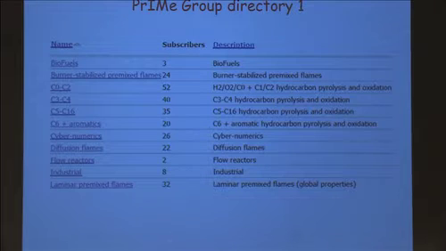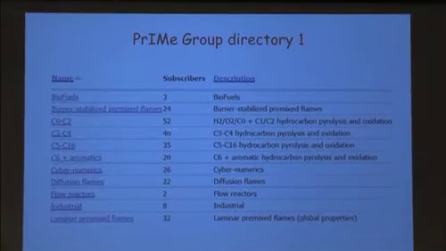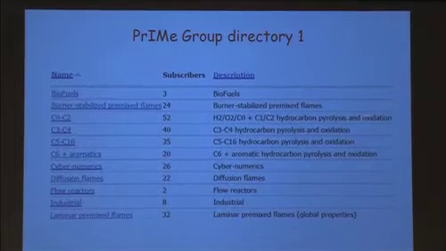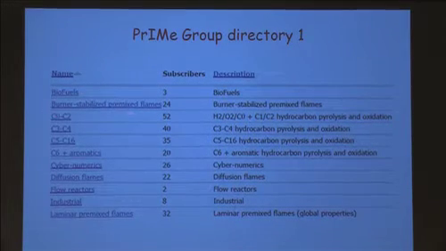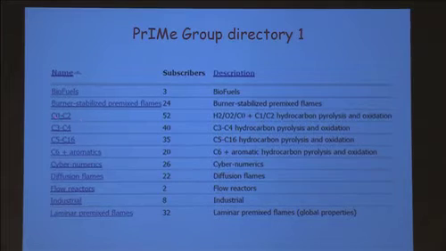So here's the PrIMe group directory. These are the different areas of combustion science that are referred to in it. C0 to C2 refers to the elementary kinetics involved with these species, C0 to C2.